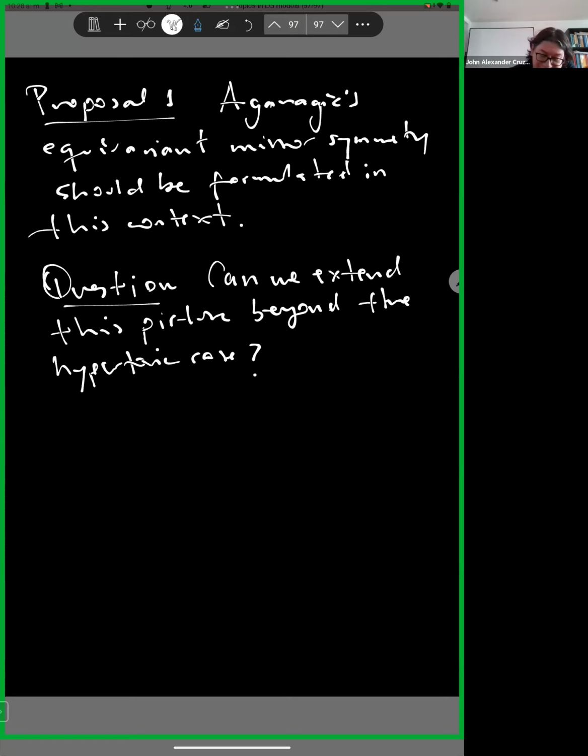So let me say the idea. What will be the idea to answer this question? So there are some Hitchin systems, and I will explain everything I say here.